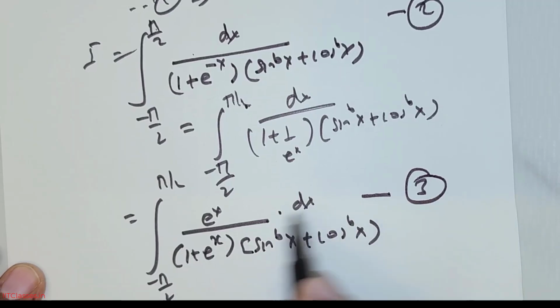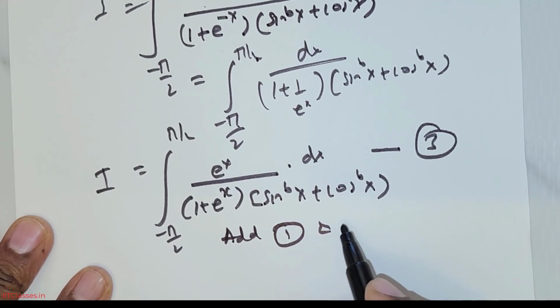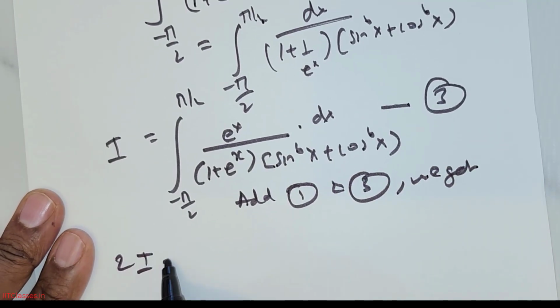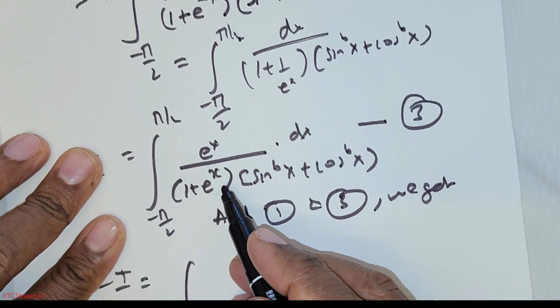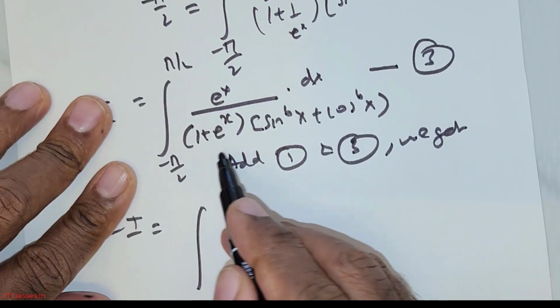Now let this be 3, and I have an I here. So what I'm going to do is add 1 and 3. We get, so this is 2 times I is equal to, now this is 1 added with 3. The denominators are one and the same.